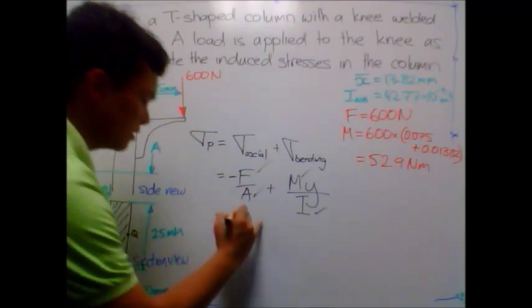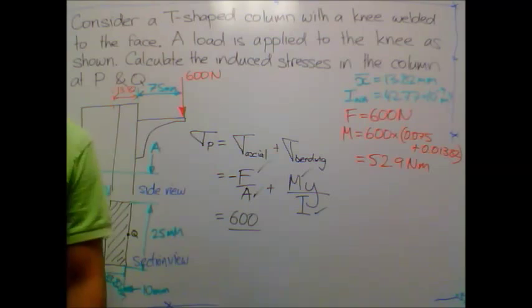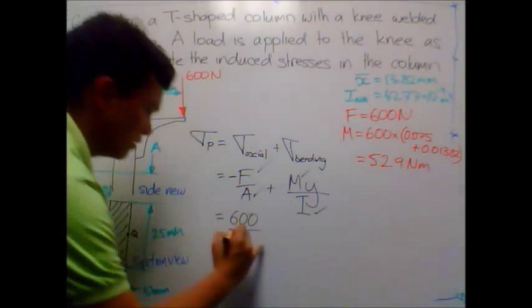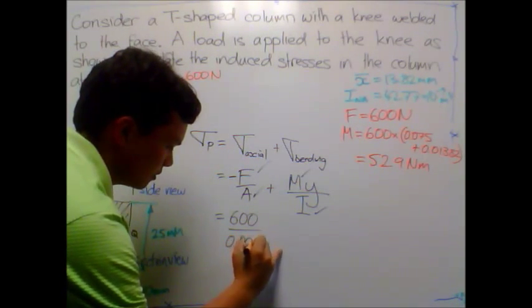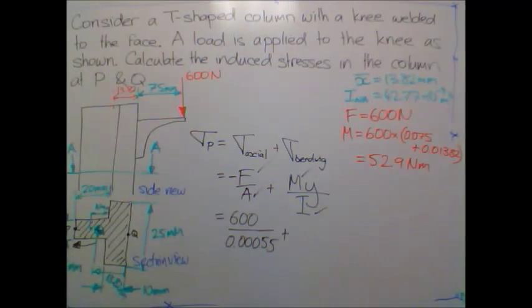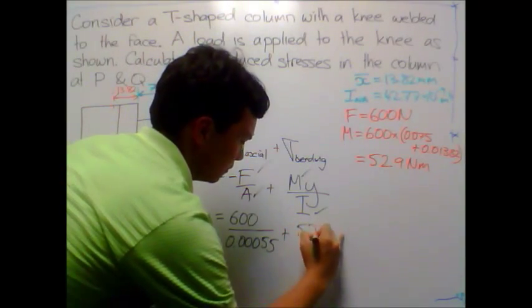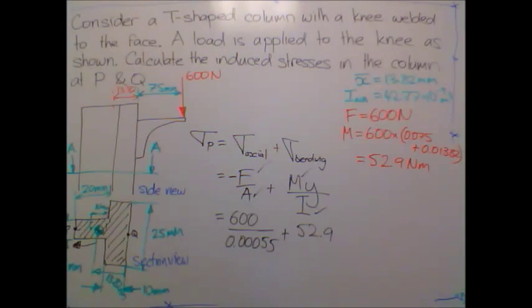Okay, so force is 600 newtons. Cross-sectional area is 0.00055. So that's just calculated by finding the area of that shape and adding it to the area of this shape. My moment is 52.9 Newton meters. My distance from here to here is going to be around about, well, I'll just put it into the calculator.